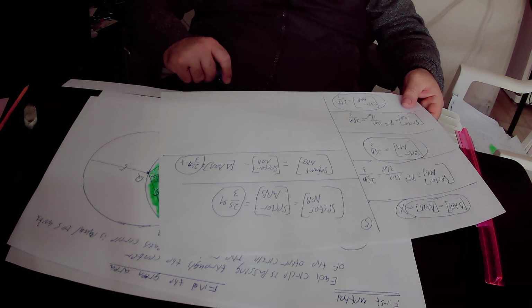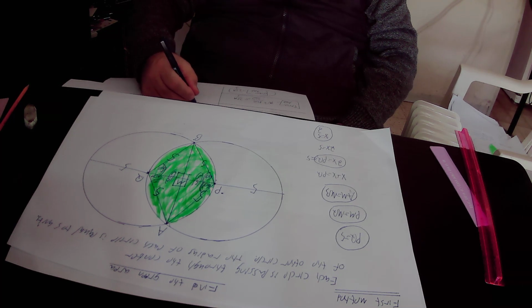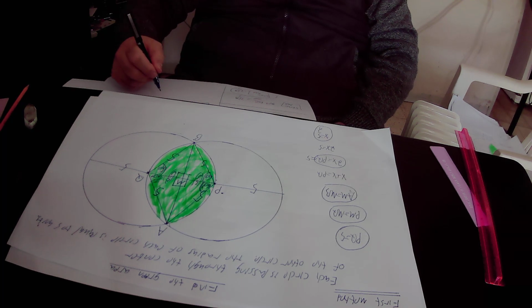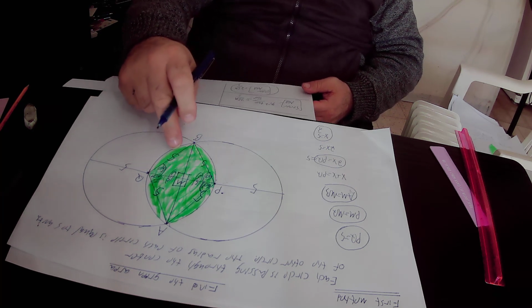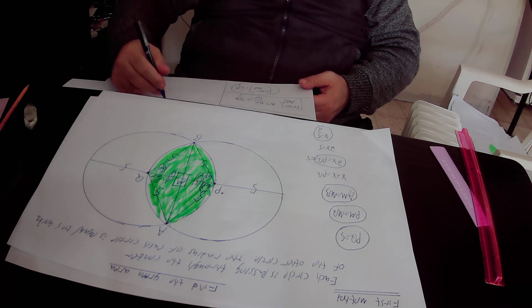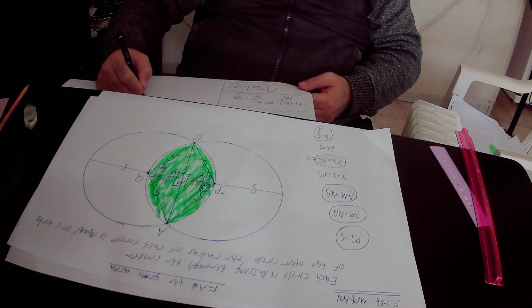And what is the area of segment AQB? The area of segment AQB will be equal to the area of sector APB minus the area of triangle APB.